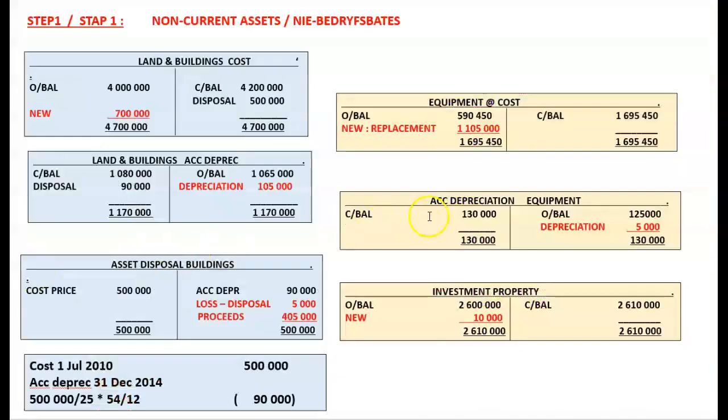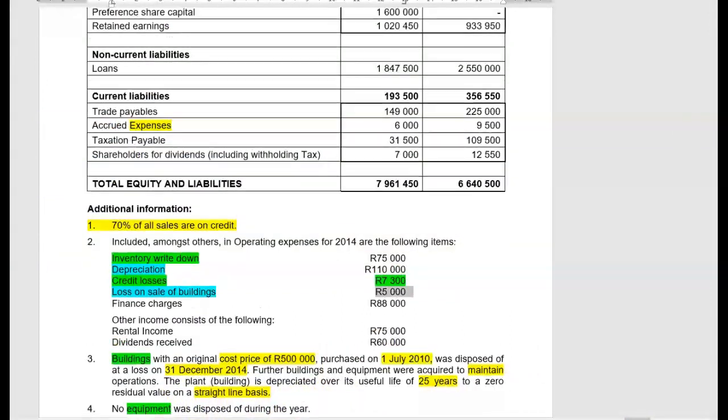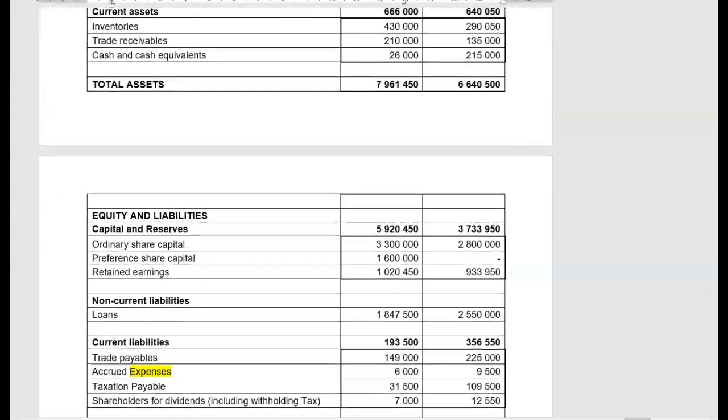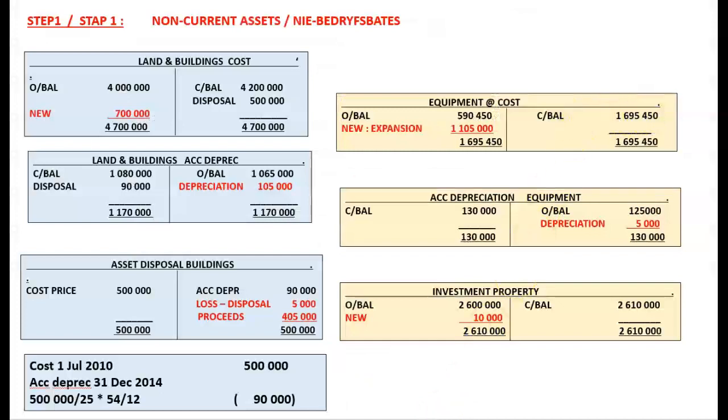Going back to these calculations, we are finished now with buildings, so let's carry on with equipment. No equipment was disposed of during the year. So let's then do our equipment accounts. Cost price, opening balance, closing balance, accumulated depreciation, opening balance 125,000, closing balance 130,000.